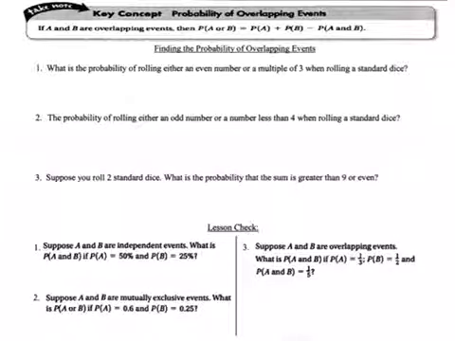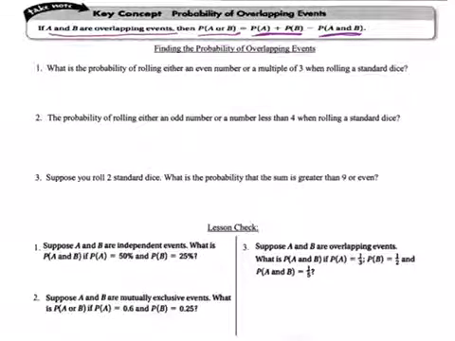So if A and B are overlapping events, then the probability of A or B is the probability of A plus the probability of B minus the probability of A and B occurring at the same time. So we have to take into account their individual probabilities and then take away any overlapping situations where it could occur.